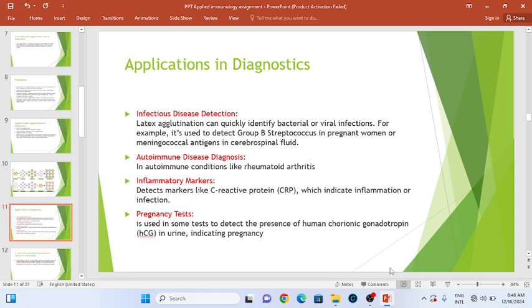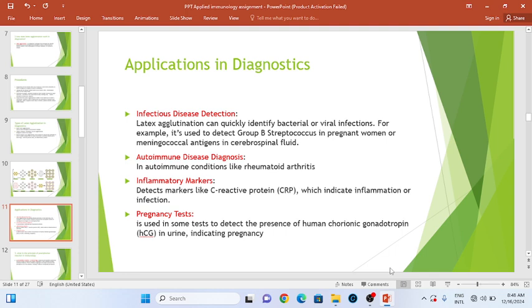There are applications of latex agglutination in diagnostics. First of all, it is applied in infectious disease detection, meaning latex agglutination can quickly identify bacterial or viral infection. For example, it is used to detect group B streptococcus in pregnant women or meningococcal antigen in cerebrospinal fluid.